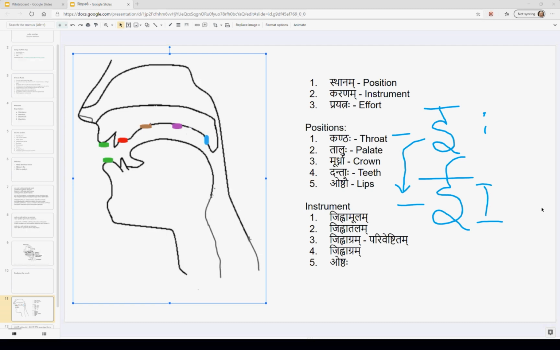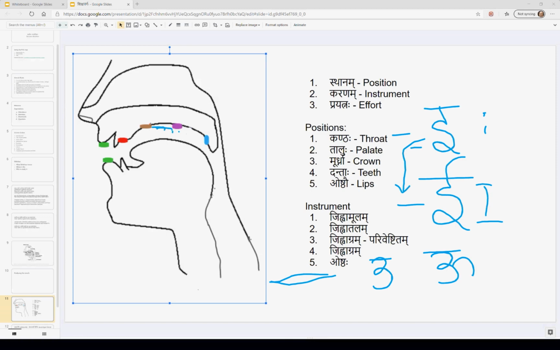The timing factor is double for the long i, and the u also is the same: the timing factor is double, but otherwise the other formations remain the same. For i, the lips are stretched horizontally, the throat is tense, and the tongue is approaching the top part.